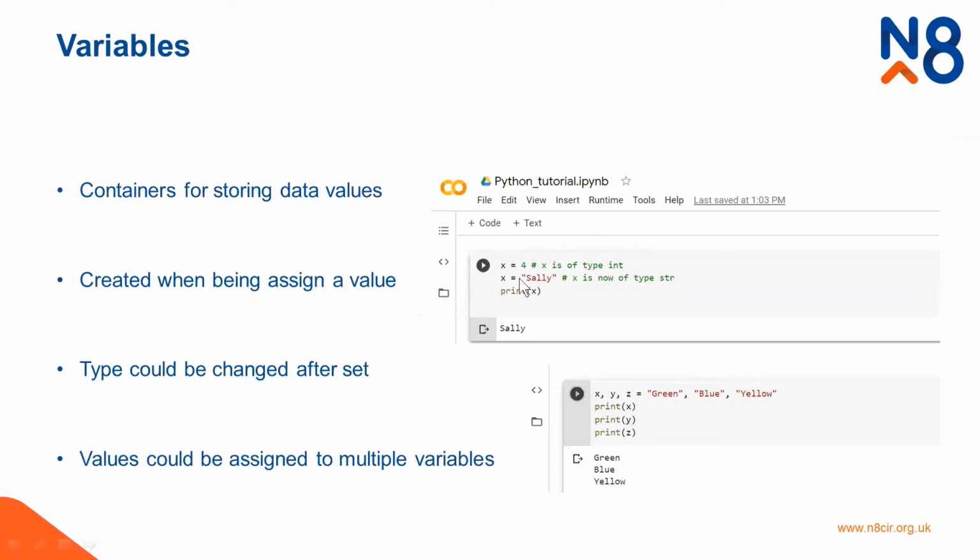When you create a variable, it has a different kind of data type. If you assign x equal to a text, it's a string data type, and the type could be changed after you create a variable. The values could also be assigned to multiple variables in one line.